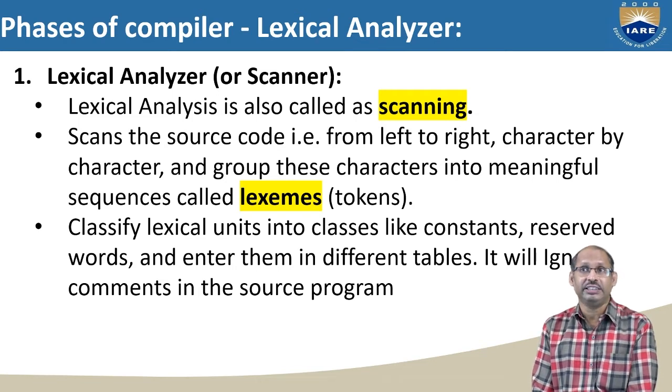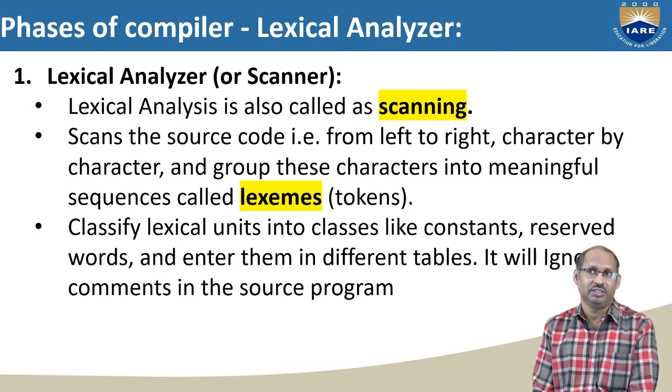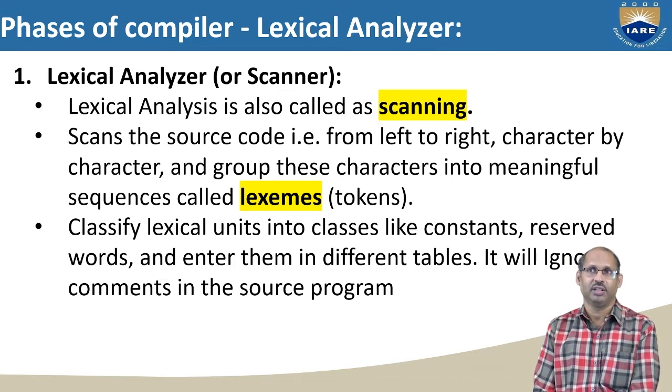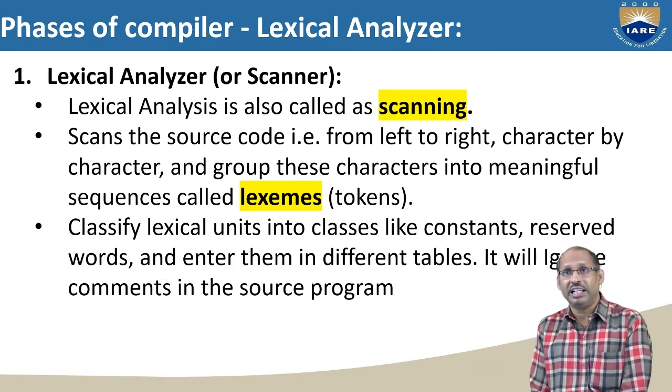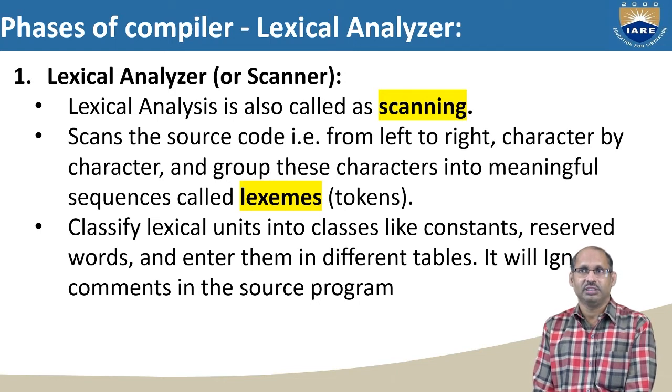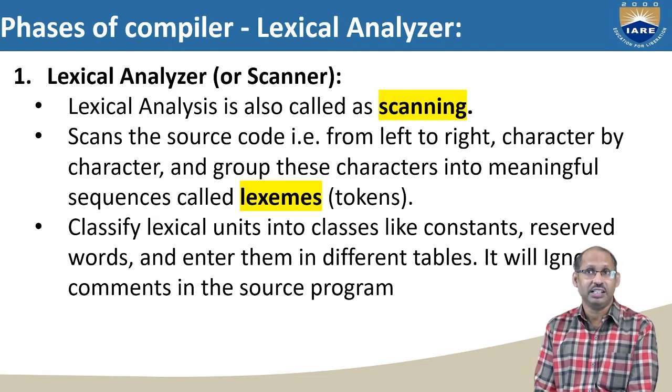These lexemes are converted to tokens with additional information according to the patterns. The patterns are the lexical rules described by the programming language, right? So the lexical analyzer simply groups the characters one by one to form the lexemes. Then it will construct tokens from the lexemes with additional information.